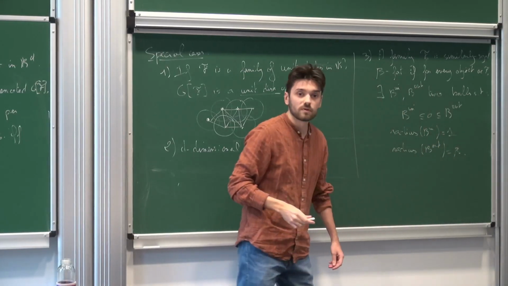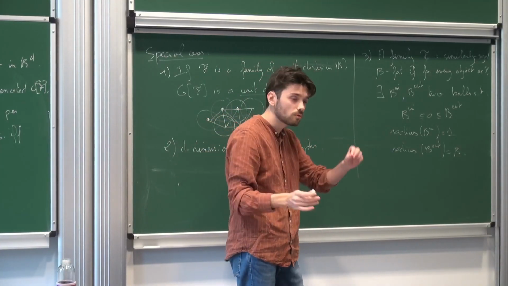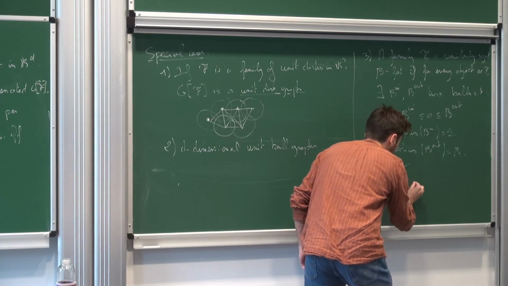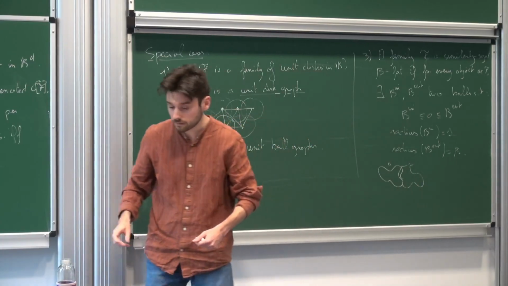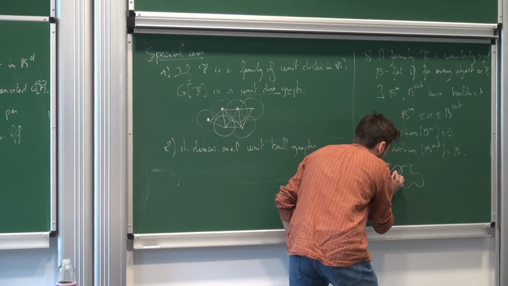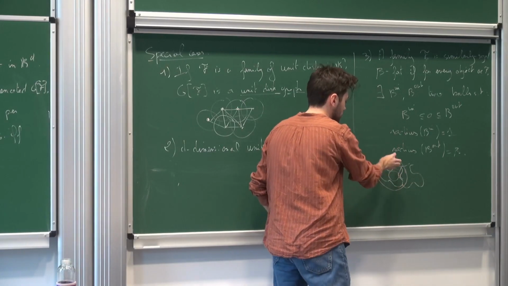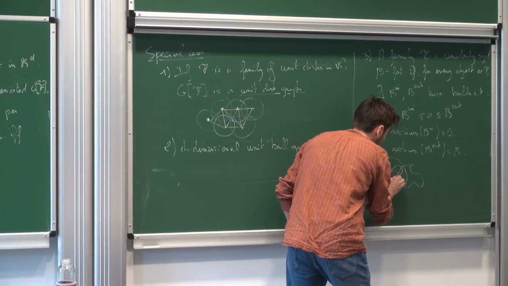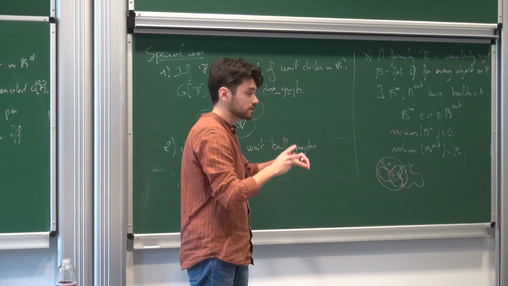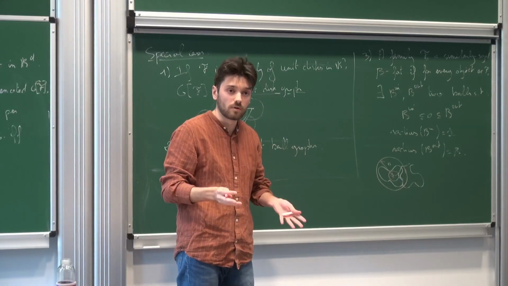Do you have any question on that? So the idea is that you have an object which is close to a ball. For this object here, you have an inner ball and an outer ball, and the ratio between the radii needs to be a constant. So it's objects which generalize unit ball graphs.